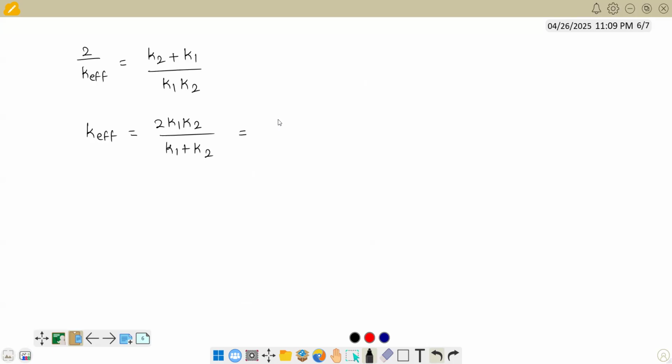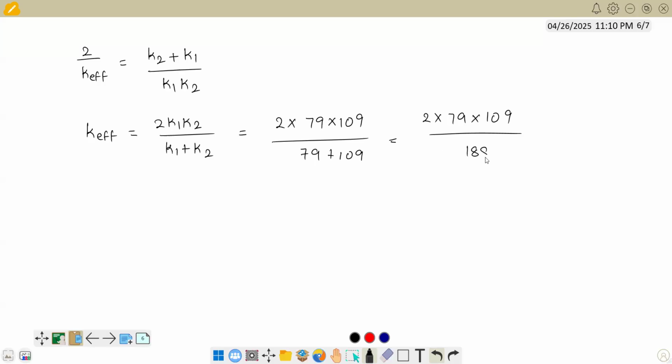If I substitute those values, 2 into 79 into 109 divided by 79 plus 109, so it would be 188. Let us use calculators to solve further. 2 into 79 into 109 divided by 188 is approximately 91.6 watt per meter per Kelvin. These are the units of K effective.